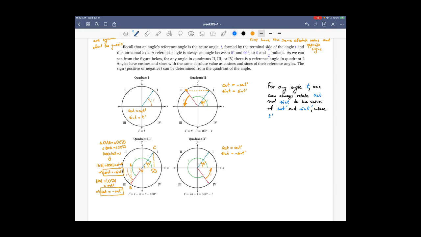Here, t prime is a reference angle of t, and is therefore in the first quadrant.